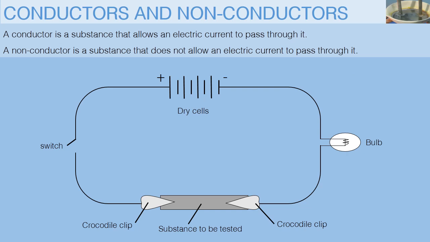Now, from this diagram, the substance being tested is held steadily by crocodile clips, and then we close the circuit. If this substance conducts electricity, the bulb will light, and if it does not conduct electricity, the bulb will not light.